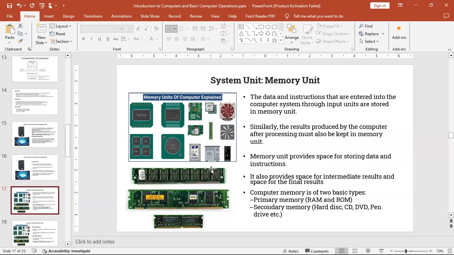So basically, what does the main memory do? You know that when we send the data or the instructions into the computer system, a computer can perform a lot of tasks at the same time, right? Are we together? You can be playing your music while you're typing, while you're watching a movie.